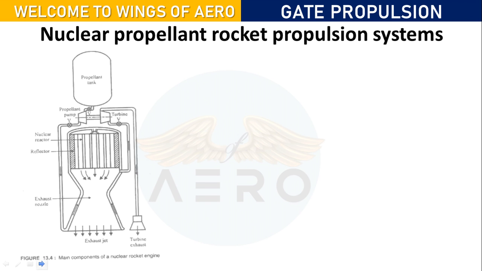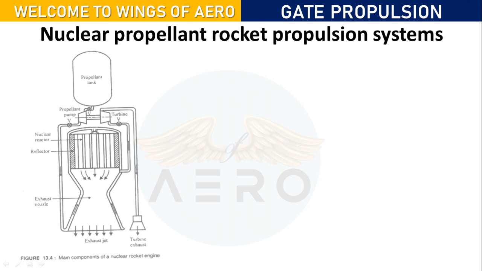Okay, so a nuclear propellant rocket system is also there. One is fission, one is fusion. Mostly we don't use nuclear propellant. So we have a small reactor, and from the reactor the propellants will be fed into this nuclear propulsion system.